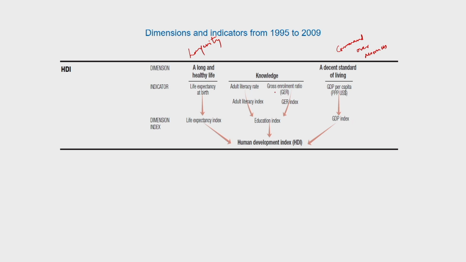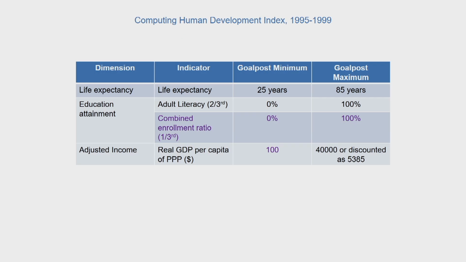The weighting formula is just the same for adult literacy rate and GER, or gross enrollment ratio. So, this is 2/3 weight and this is 1/3 weight, and then again all of these individual dimension indices are averaged out, or there is a simple arithmetic mean average followed to come up with the human development index. We will also look at a small illustration based upon this change of formula here.